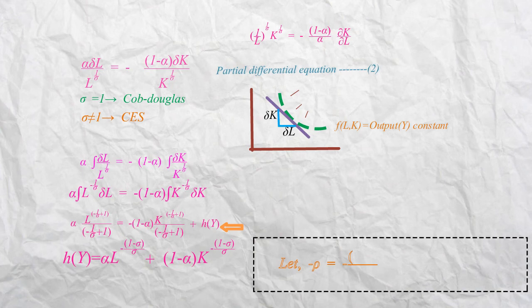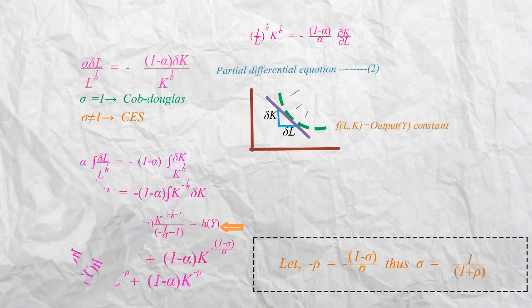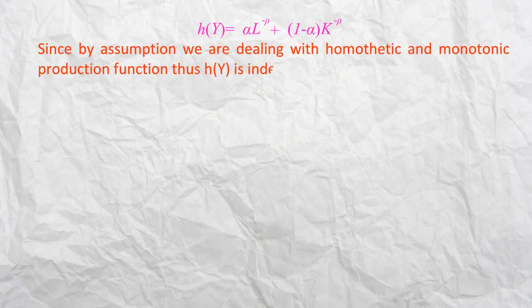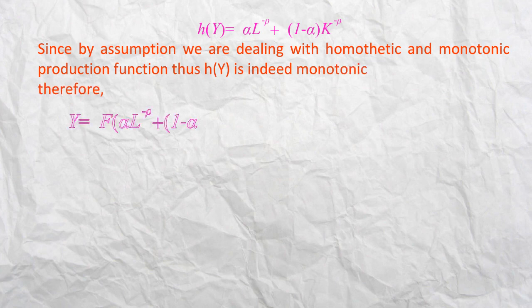Simplifying and taking rho equal to 1 minus sigma over sigma, sigma becomes 1 over 1 plus rho, replacing rho for 1 minus sigma over sigma. Since our production function is homothetic by assumption, and assuming h of y is monotonic, we can write y as follows, where f is the inverse function of h.